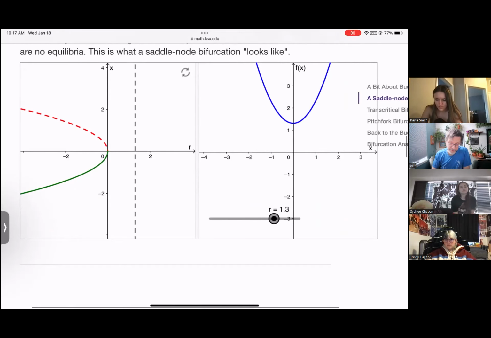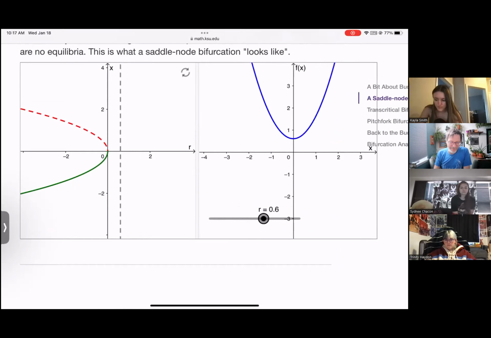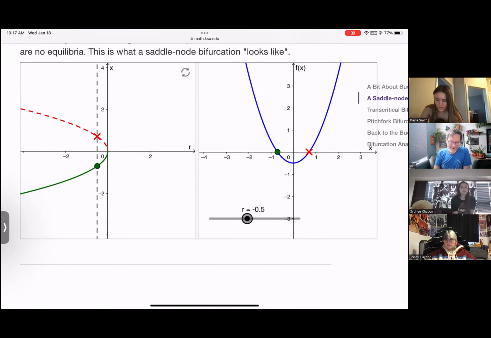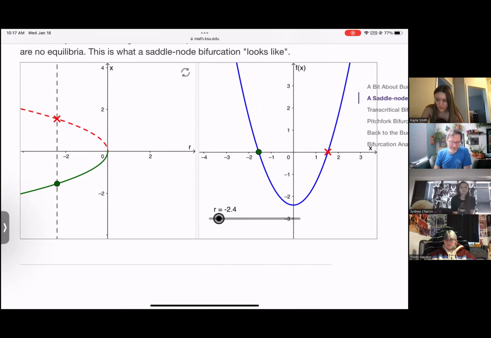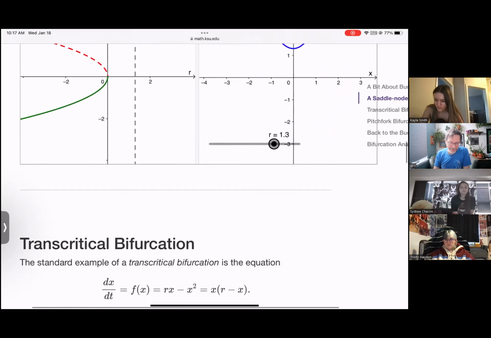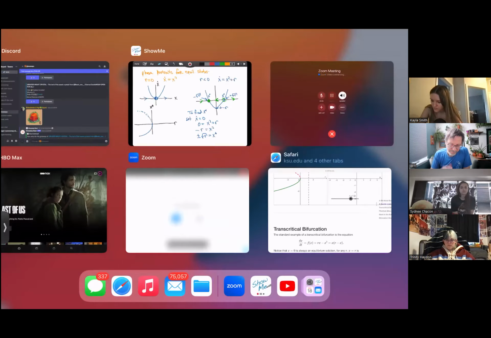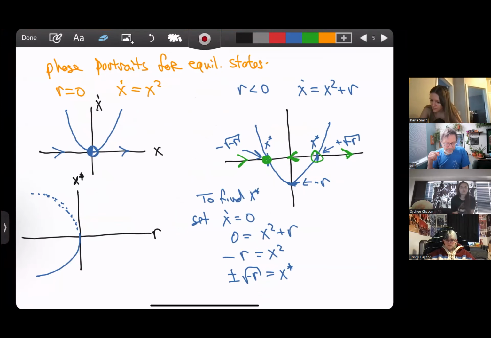And then here's the way we thought about it, right? That line moving toward the parabola and then creating those two. So that's a saddle node. This is the classic saddle node.